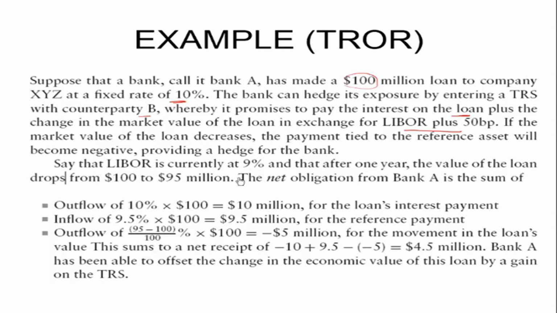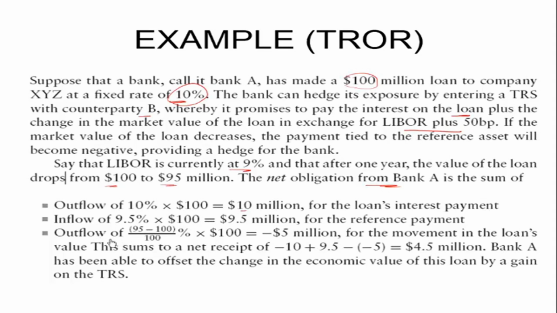So suppose that LIBOR is currently at 9% and that after 1 year, the value of the loan drops from $100 million to $95 million. Then the net obligation from bank A would be an outflow of 10% into 100, that is the coupon or the loan payment. So that's what he has to pay. An inflow of 9.5%, that is 9% plus 50 bips, that he receives from the counterparty.